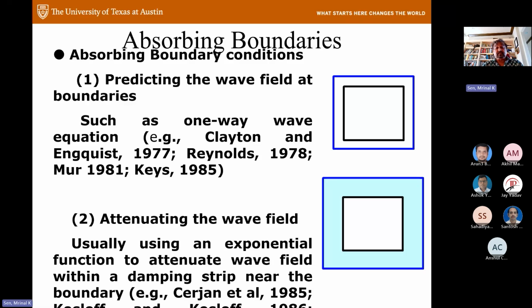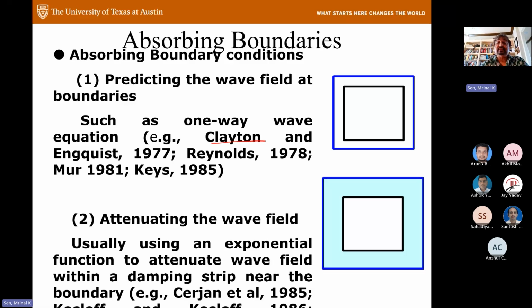So to avoid that, we use something called absorbing boundaries. The earliest work on absorbing boundaries was reported by Clayton and Engquist. What they did was to use the one-way wave equation.